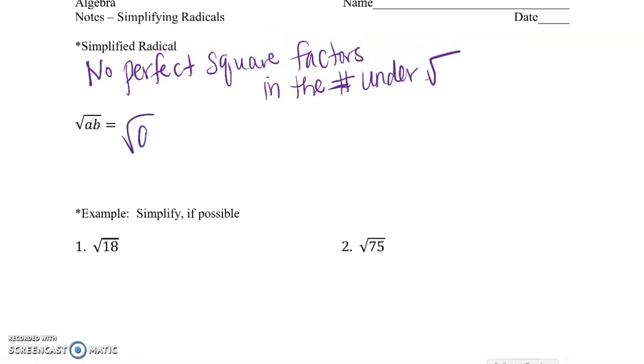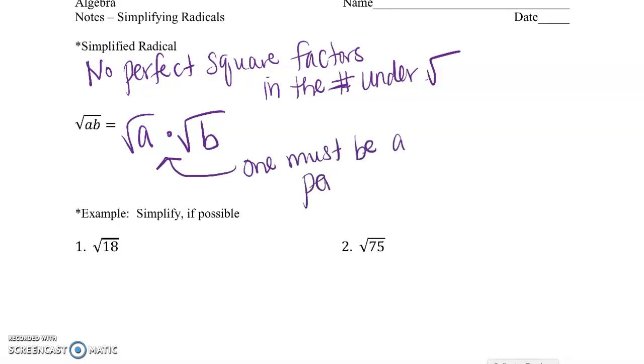So this is the square root of A times the square root of B. One of these 2 must be a perfect square. So either A or B. I'm always going to put it as A because we want our whole number to go on the outside. But it doesn't matter which one it really is.